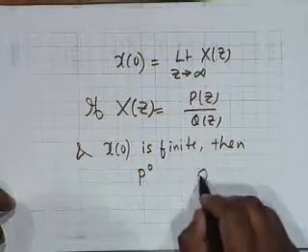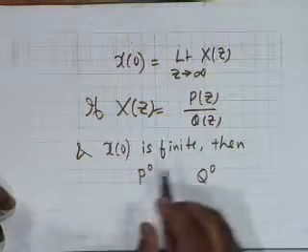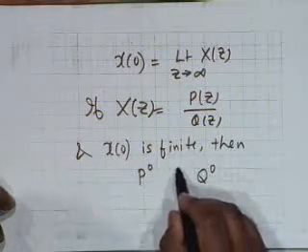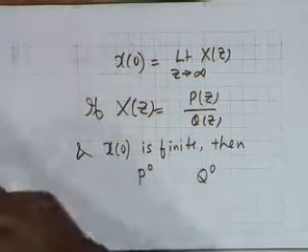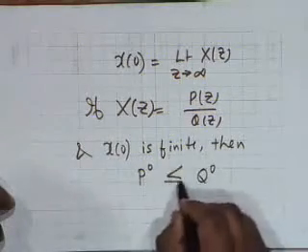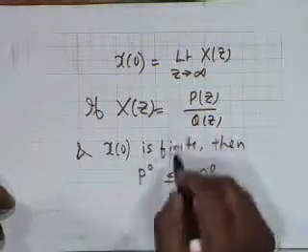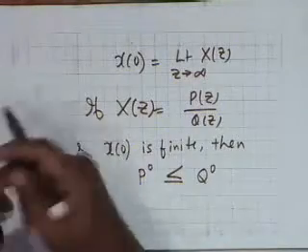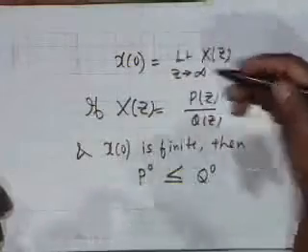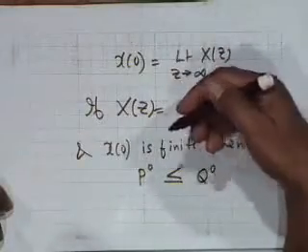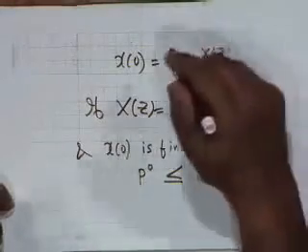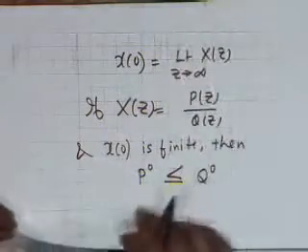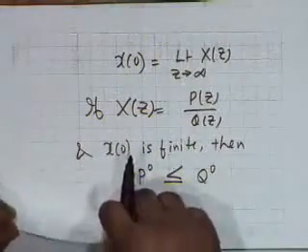Degree of p and degree of q, they should be related by? Equal. Not necessarily. Finite may also mean 0. Less than or equal. All right. This is the consequence of the initial value theorem. Of course, if you see that the degree of p is greater than the degree of q, obviously there is a pole at z equal to 0. All right. So this is one of the consequences.